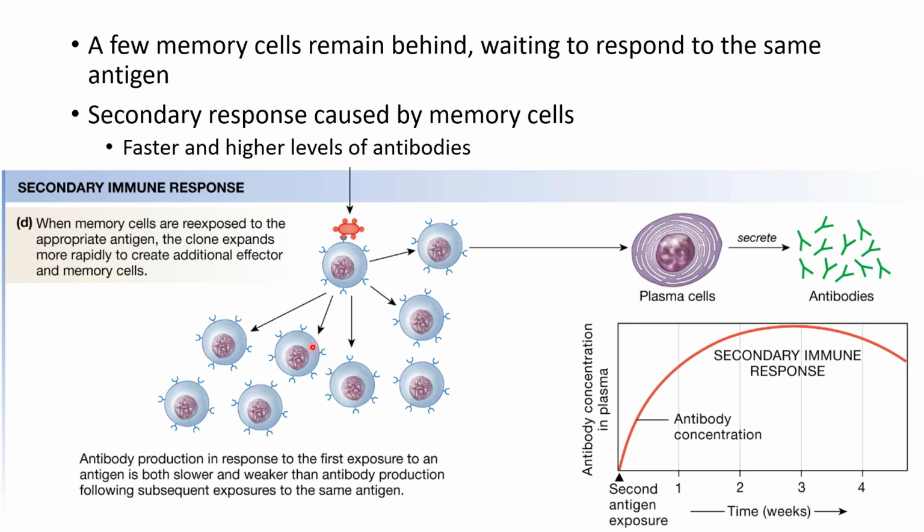Okay, so the clones expand, but this time they expand much more rapidly. And we create additional effector cells and plasma cells, and they start secreting antibodies. But now it's a lot faster. So you see after that second exposure, we start getting a huge secondary immune response, in a matter of days afterwards.